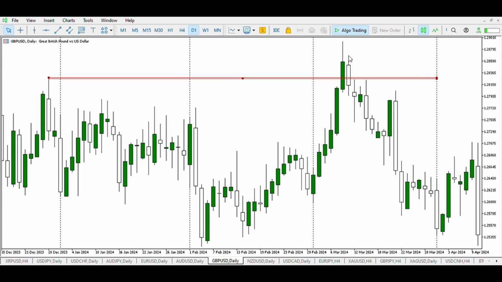We have just this candle closing above, this closed inside. We have an engulfing pattern here. Mark 50% of the engulfing pattern. We expect price to retest and drop, and that's exactly what happened.